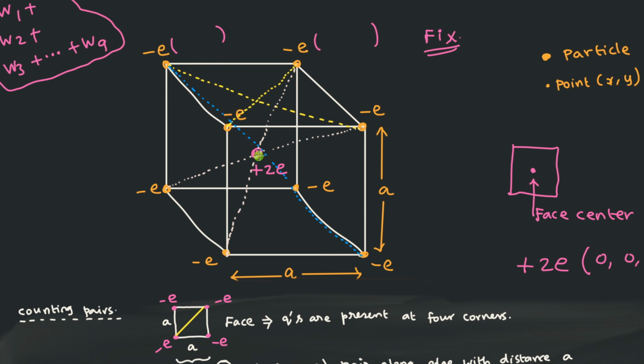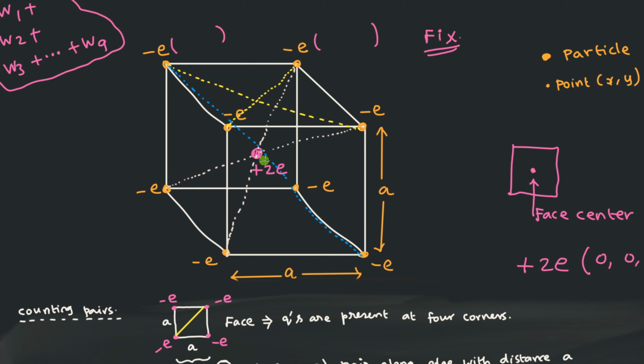Now you have a positive charge, so everything should be counted with reference to the positive charge. So from the positive charge, that is this pink color point, you draw a line to one corner, you draw a line to another corner, and another, and another. Like this only you can form the pairs. So these are the possible pairs.